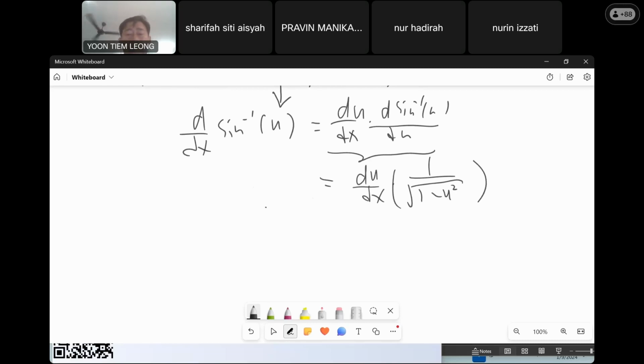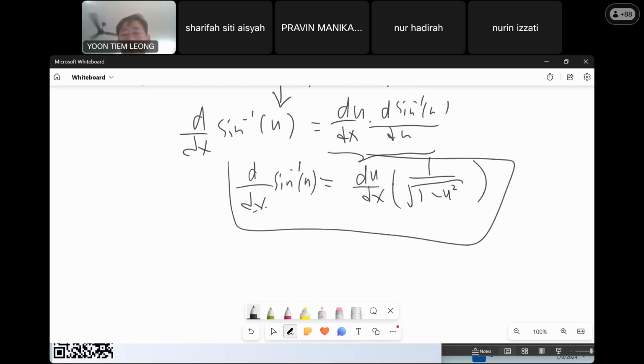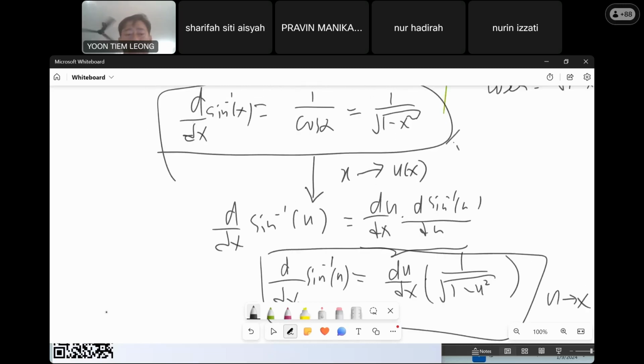So that is the generalization of the differentiation of a function u in the arcsine. In the very special case where u is simply equal to x, this relationship is reduced to this very simple relationship.